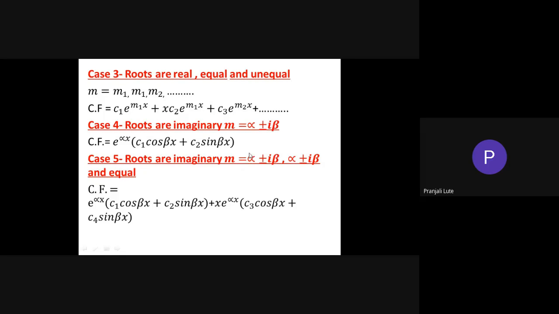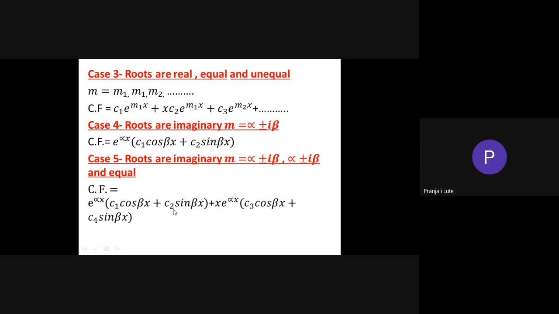So here first write down CF for alpha plus minus i beta. So e to the power alpha x, C1 cos beta x plus C2 sin beta x plus, again the root is repeated here, so write down here x, because whenever roots are repeated, we have to write down here x, e to the power alpha x.